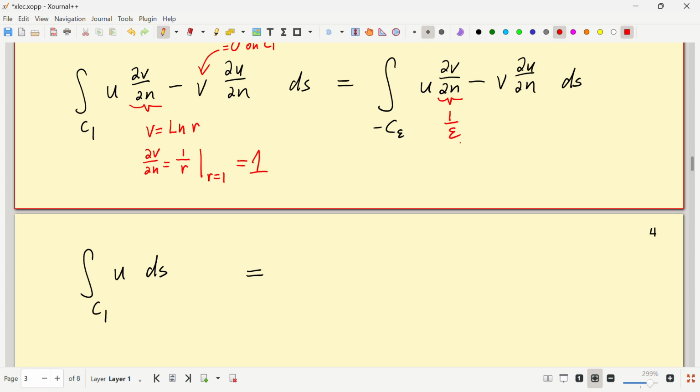So this first one is going to be the integral along c sub epsilon of 1 over epsilon times u ds. And as epsilon goes to 0, that's just the integral of a constant.